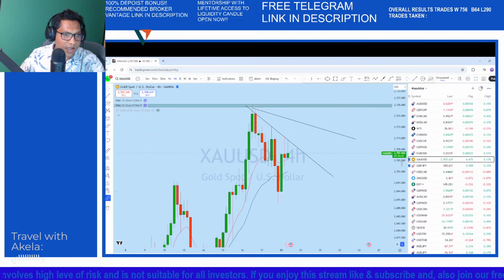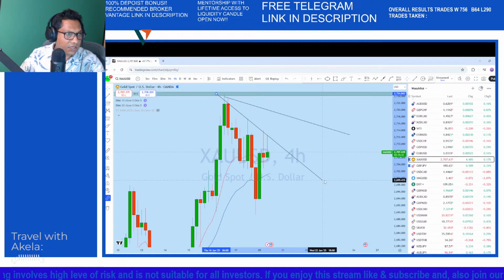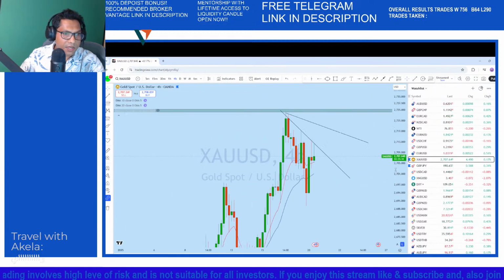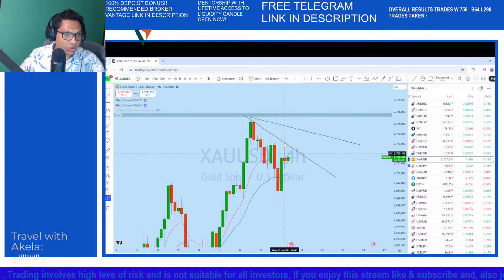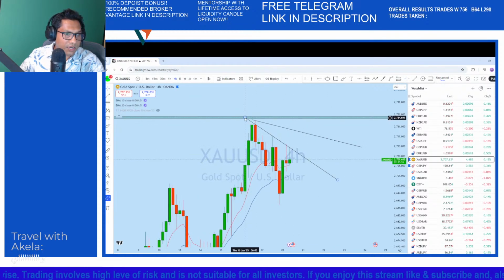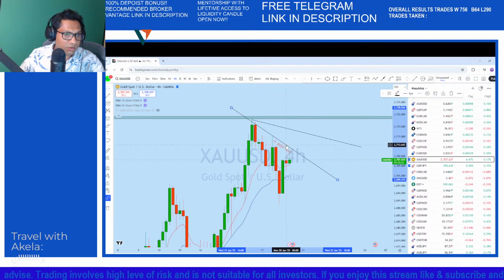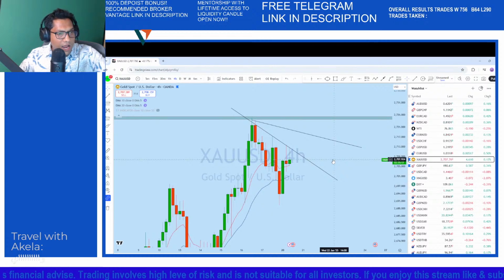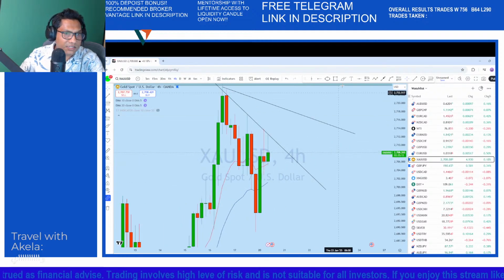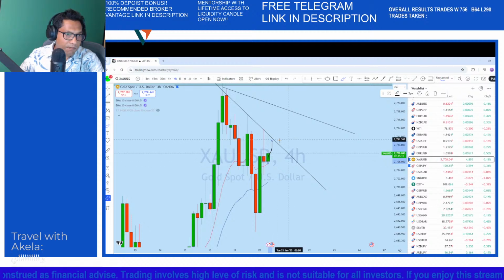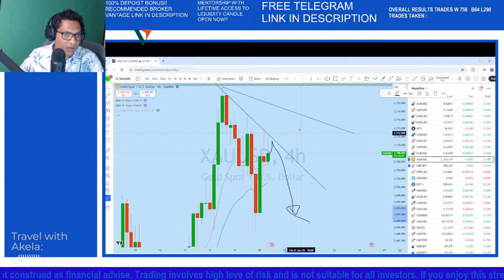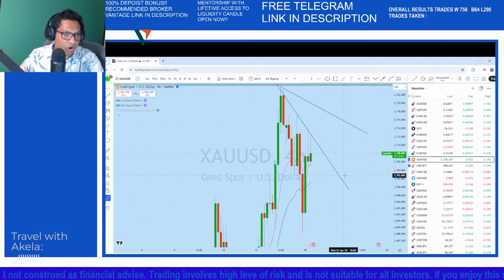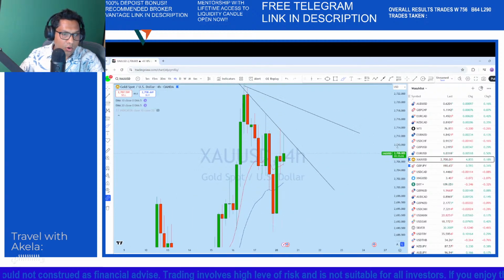With that resistance line on XAUUSD from the 4-hour perspective, there is a doji here, and the next one also shows a rejection coming up. With that rejection, I think we might see an initial bounce, and then we can expect another drop to create a new lower low potentially.